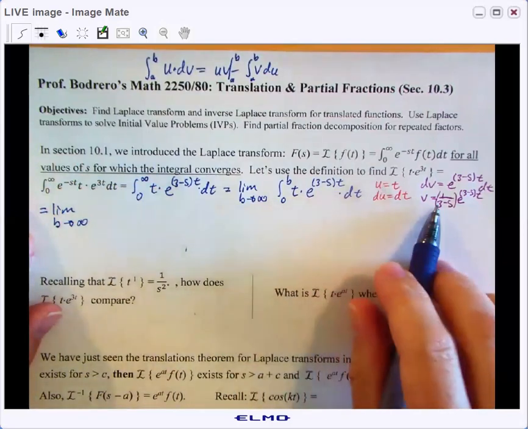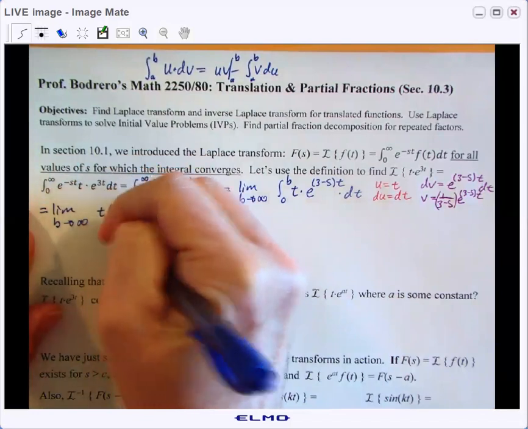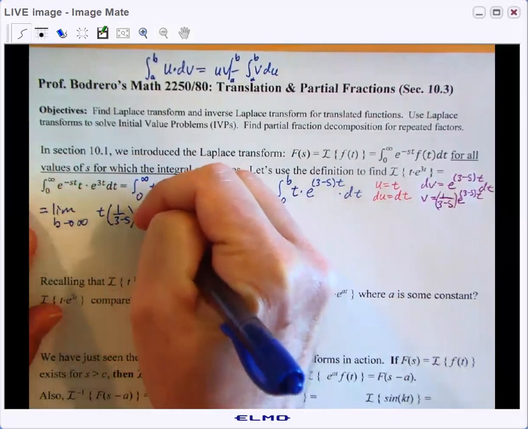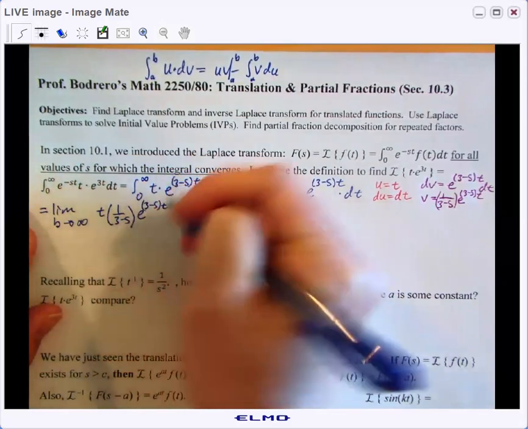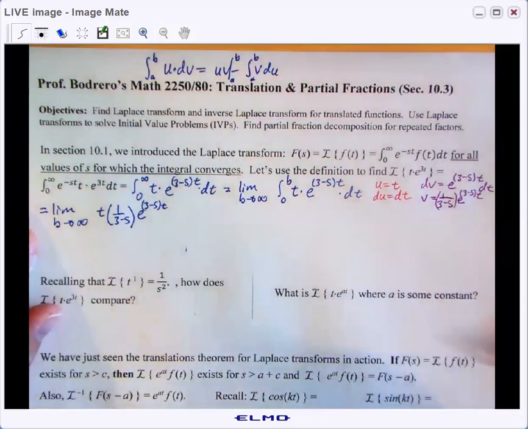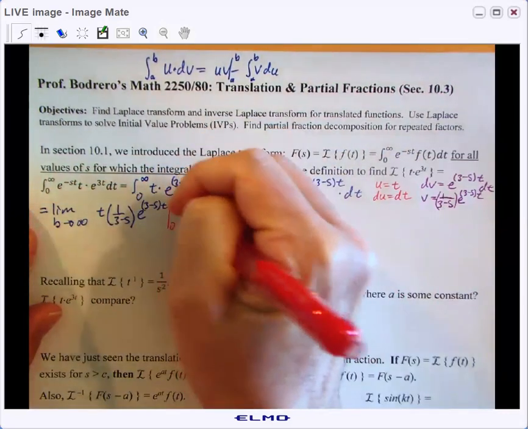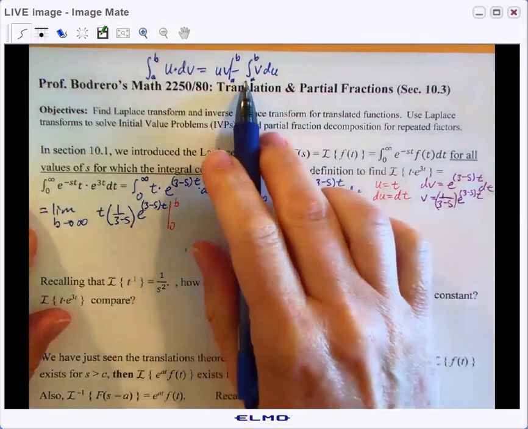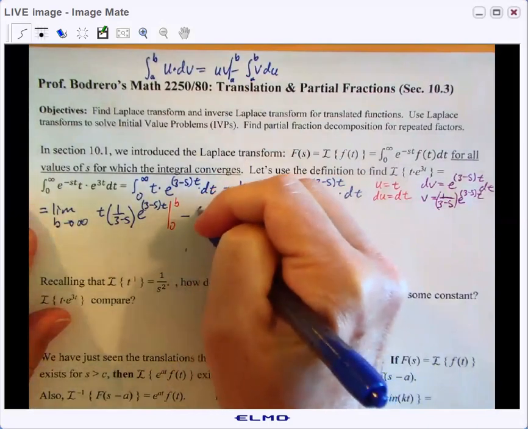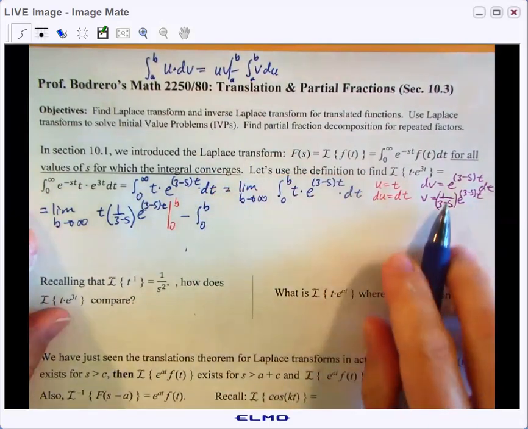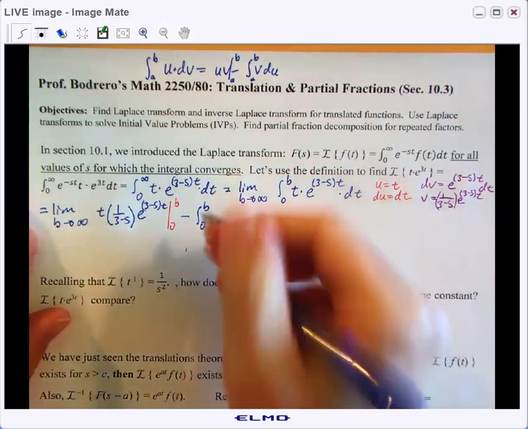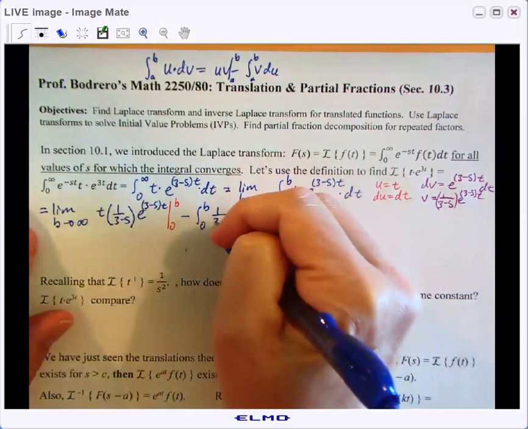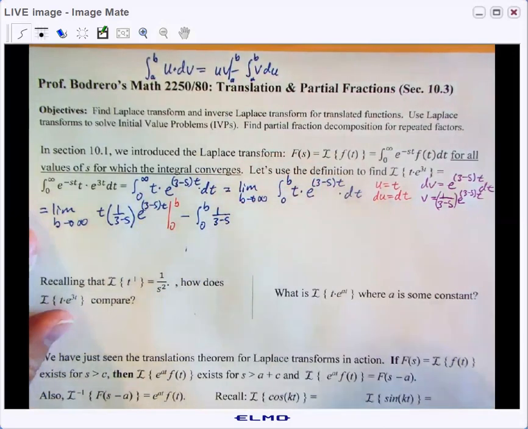I'll need uv, so t times 1 over (3 minus s) times e to the (3 minus s)t, and we evaluate that from 0 to b, and then we need to minus the integral from 0 to b of v du. And that's the purpose of integration by parts, whittling down a nasty integral into something a little bit more manageable.